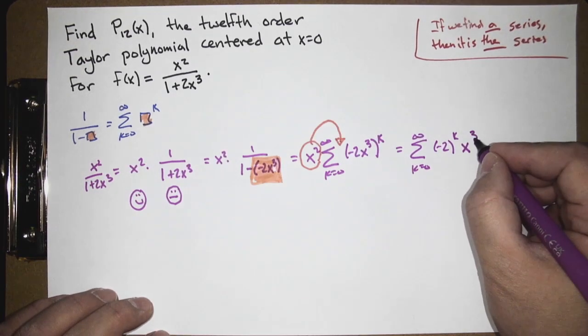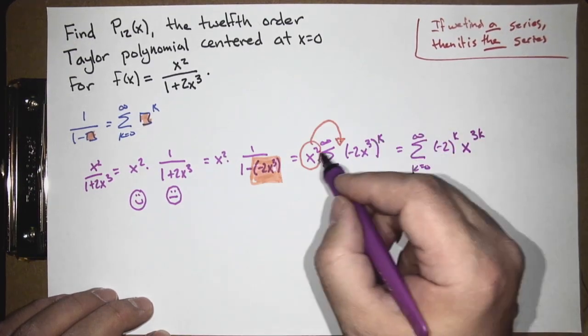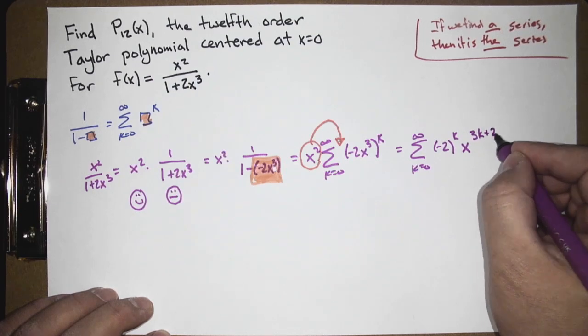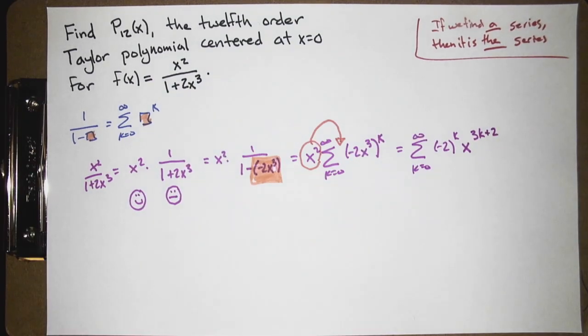All right, because we have 3k plus 2. All right. So that's the series. How do you go from the series to the polynomial?